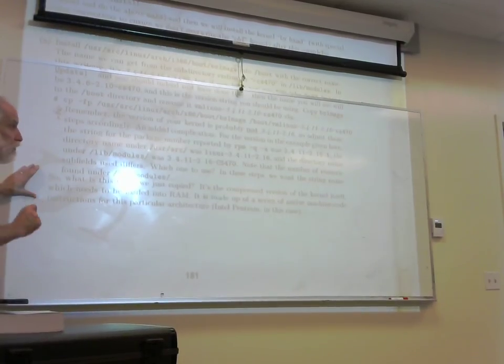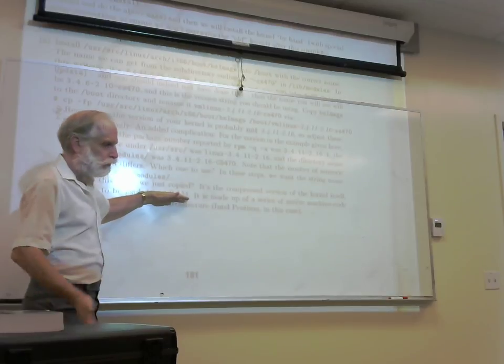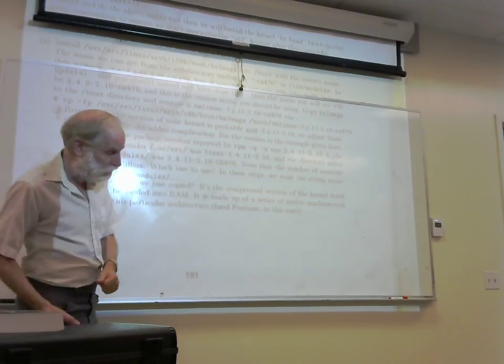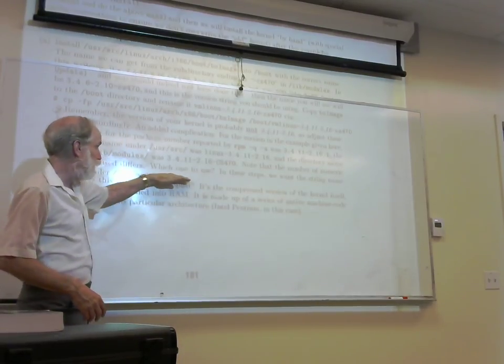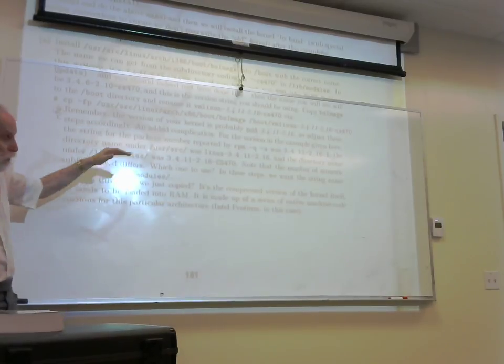Alright, so that file is the compressed version of the actual kernel, the thing that's going to get loaded into RAM. So what happens when you boot your machine is that our startup program figures out where the blocks that hold that file live, and it's got its own little decompression algorithm in there to expand it out, and it puts it into the appropriate places in memory.